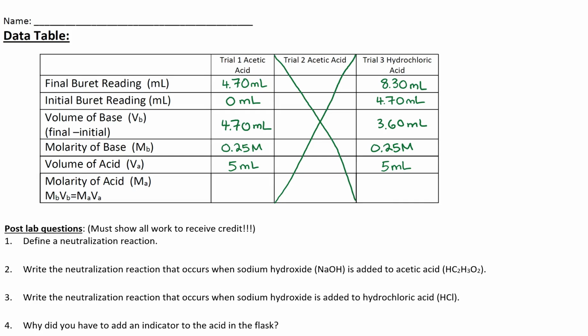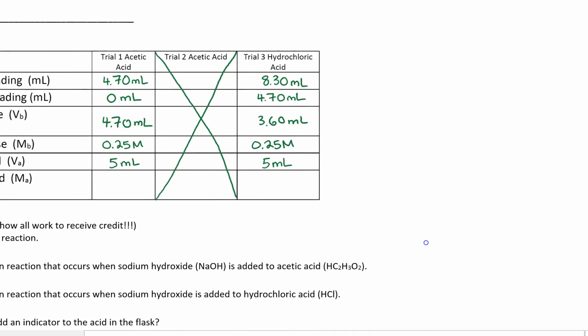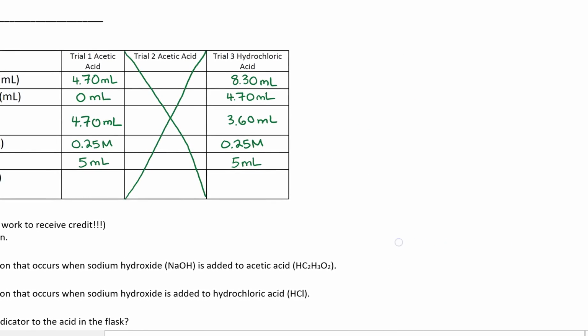And then let's solve this on the side. To determine the molarity of acetic acid, I need to find Ma using MbVb equals MaVa. So that's what I'm going to do. Keeping my numbers visible, I'm going to write out my GUESS method for acetic acid.